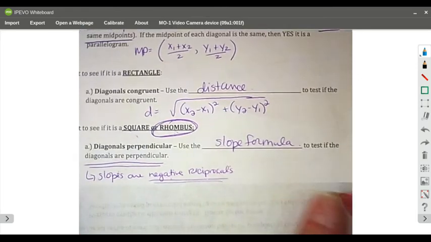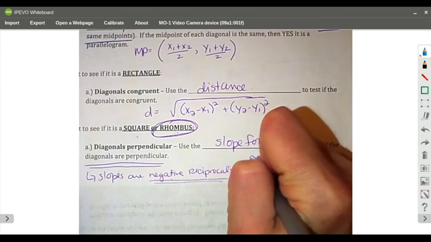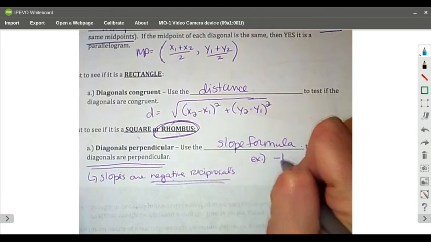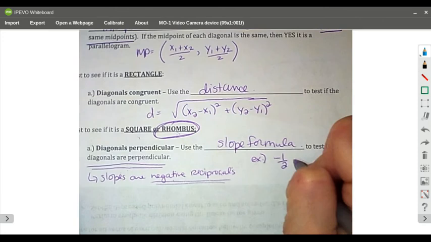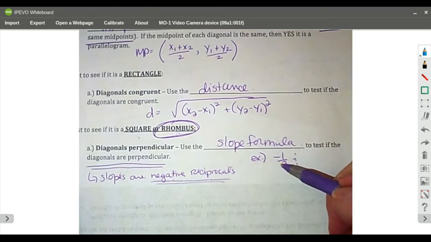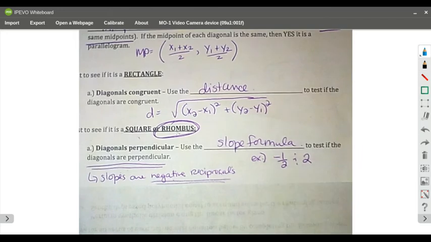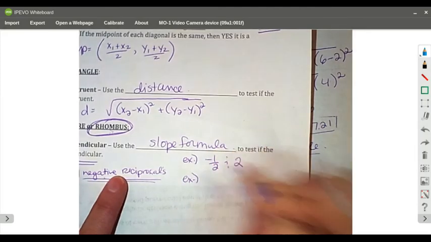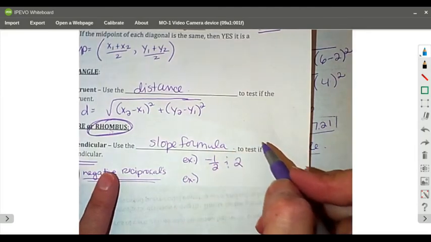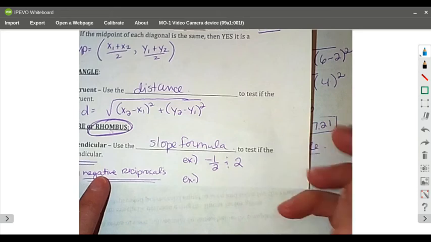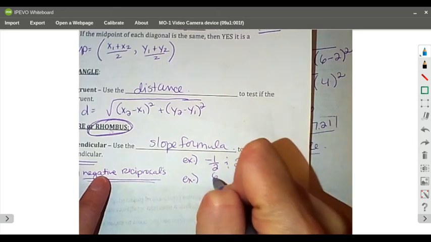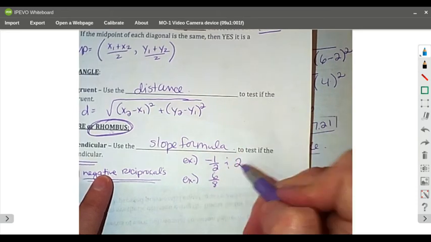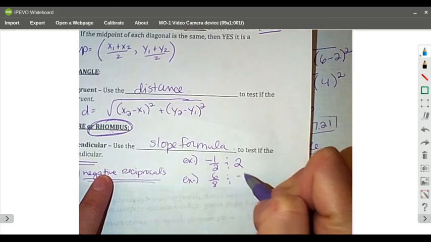And so here's some examples of negative reciprocals. Say I had -1/2 for one slope, and the negative reciprocal of -1/2. If I flip this and change the sign, I get 2. So that's one example of negative reciprocals. Sometimes you may have to reduce your slopes in order to compare them. Like say, for example, I had 6/8 and -4/3.